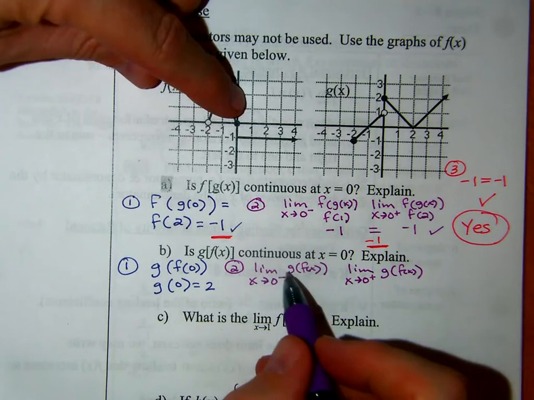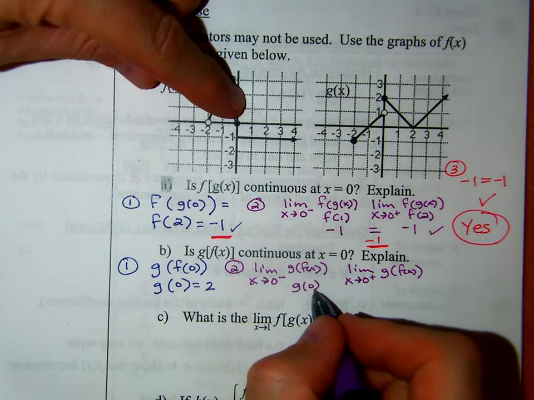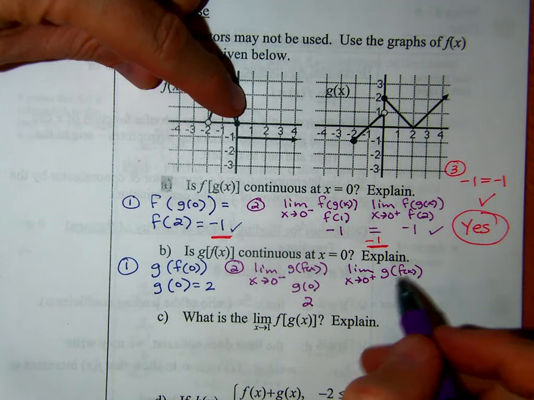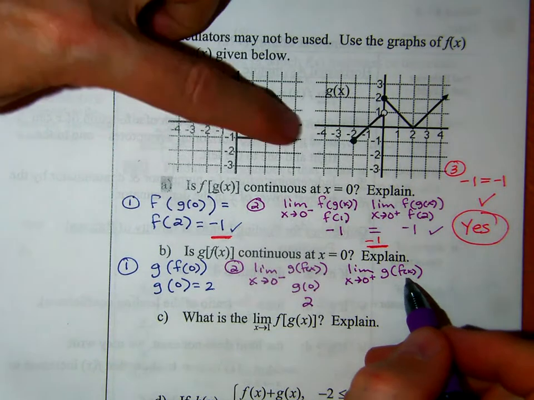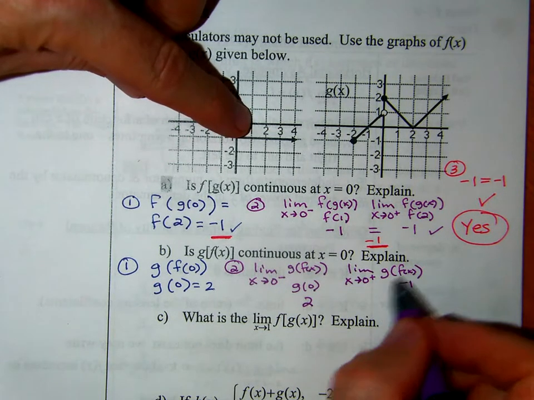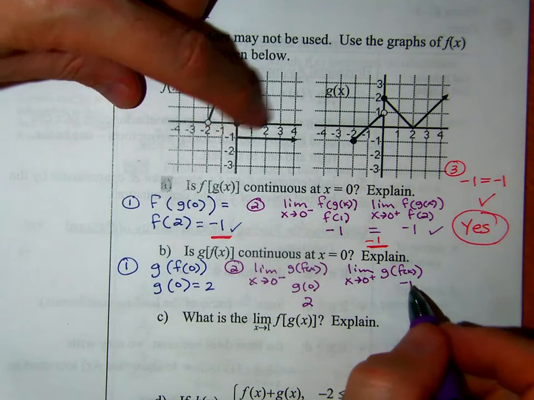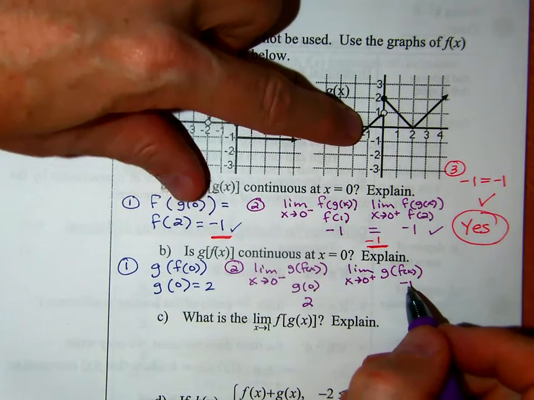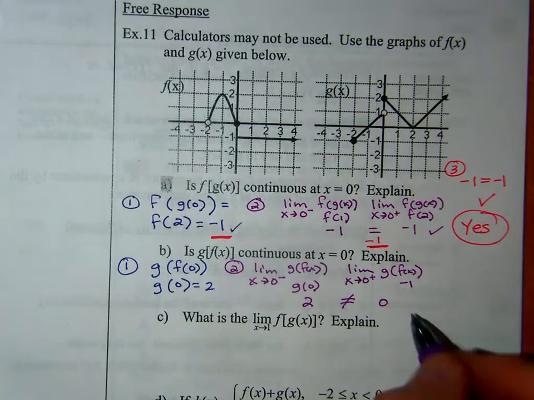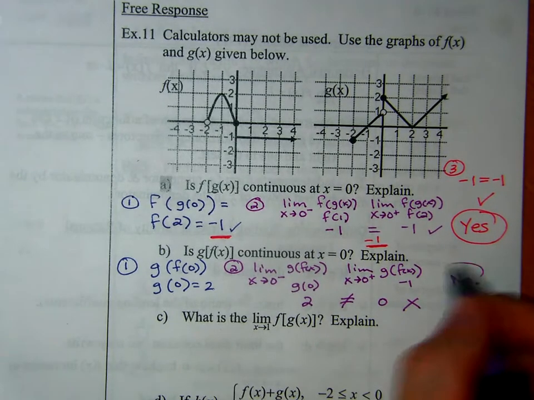So that's going to give us g of 0, which is 2. Now, from the right, the limit of f of x as x approaches 0 from the right is -1, and g of -1 is actually 0. Those do not equal each other, so that's bad. So no, it's not continuous.